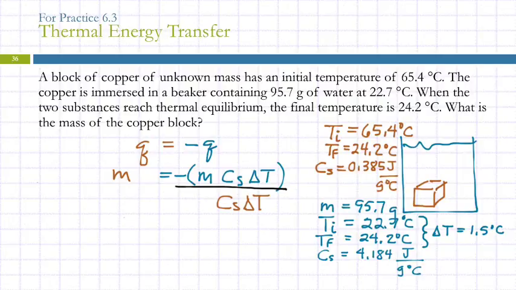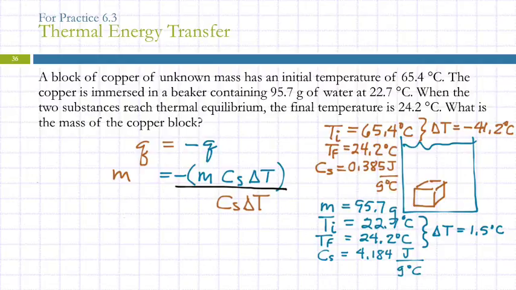And for the copper, ΔT is the final minus the initial. The final is 24.2, and we subtract the initial, 65.4, and we get a negative number, negative 41.2 degrees Celsius. You can't ignore the negative. It's negative because the temperature of the copper went down. It was a negative change.